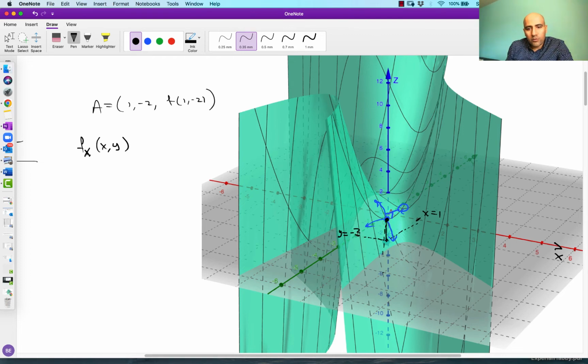So what we're going to do is we're going to hold y equals negative 2 constant. So on the floor, we're going to travel like this. We're going to be traveling left and right along that line, which means that the little stick person is going to be walking from here this way, in that direction. As x approaches that way, right?